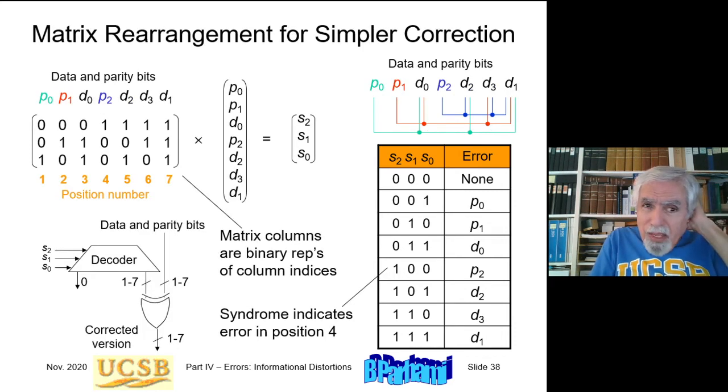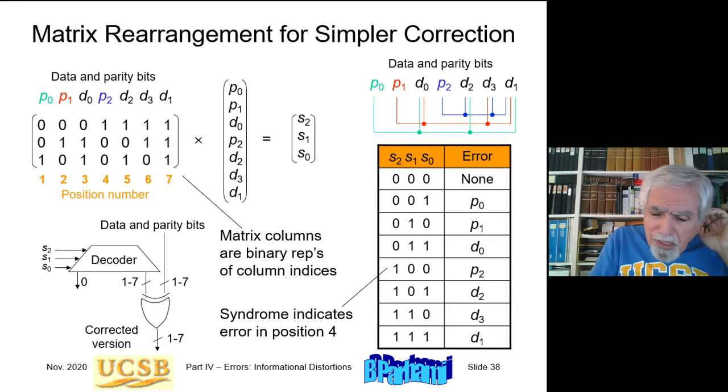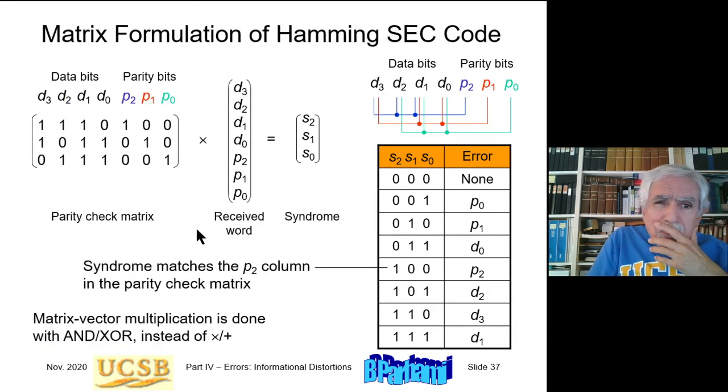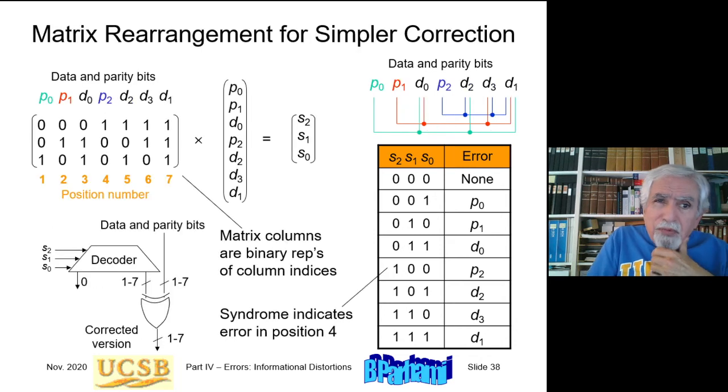Okay, we can rearrange the columns of the matrix. If I, for example, switch the locations of these two columns and also switch the location of these two entries, then the result will be the same. It doesn't change. So one convenient rearrangement is to rearrange this matrix so that its columns are binary numbers in order from smallest to largest: 1, 2, 3, 4, 5, 6, 7.